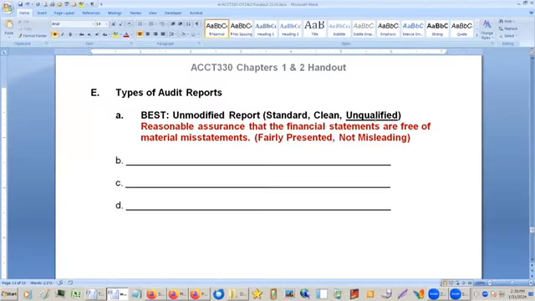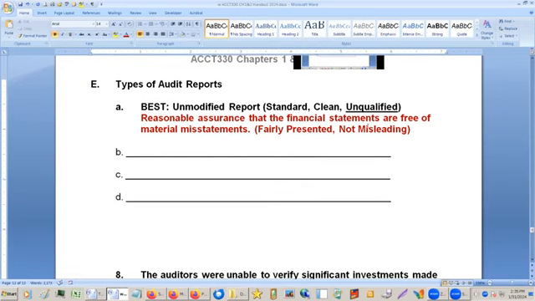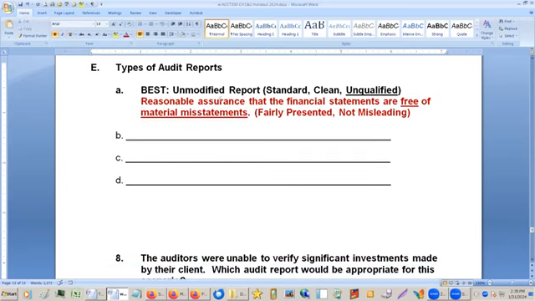It is not materially misstated and so on. So unqualified sounds like a funny term, it actually just means that we're not going to add anything else to it. So this is the best report to get. Most companies get these reports, and I'll tell you why in a minute, but these are the best. Okay.